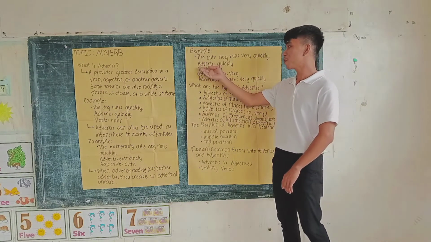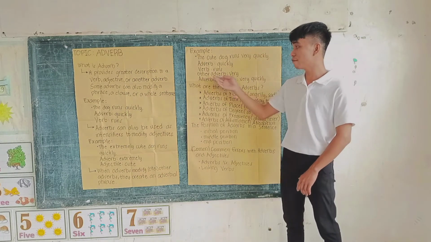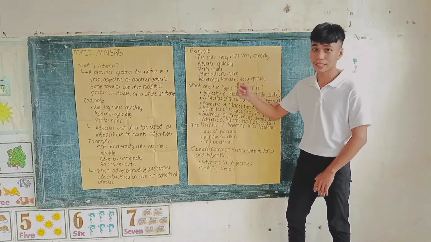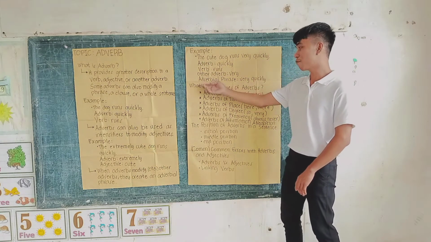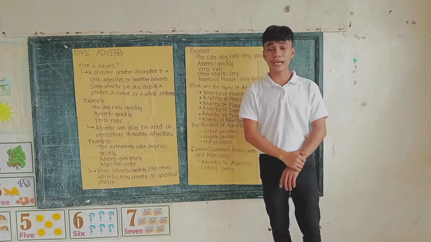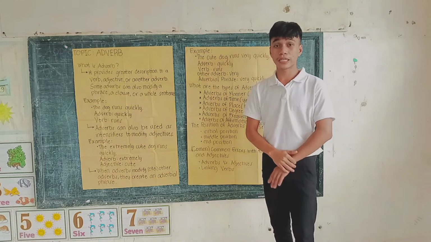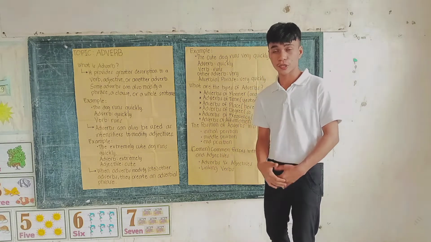And the adverb quickly modifies the verb runs. And the other adverb very modifies the main adverb quickly. So they create the adverbial phrase very quickly. Take note that the best way to identify an adverb in a sentence is to determine its function in the sentence.